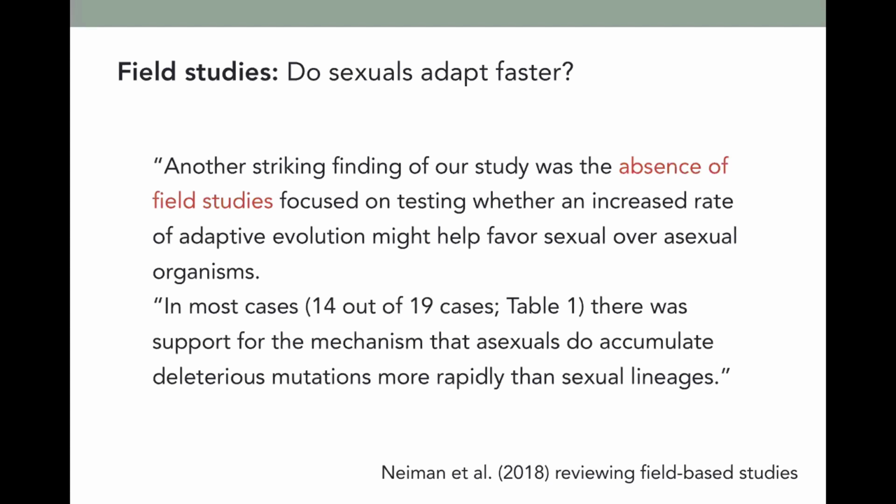And in the majority of cases, asexuals accumulated deleterious mutations more often. This is consistent with selective interference, but as I mentioned, it's impossible to be sure that that's the mechanism as opposed to other features that have to do with pleiotropic effects of sex or epistasis.